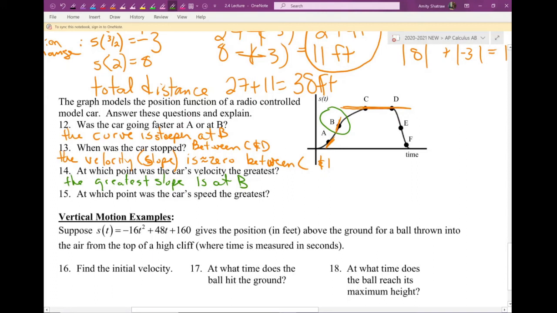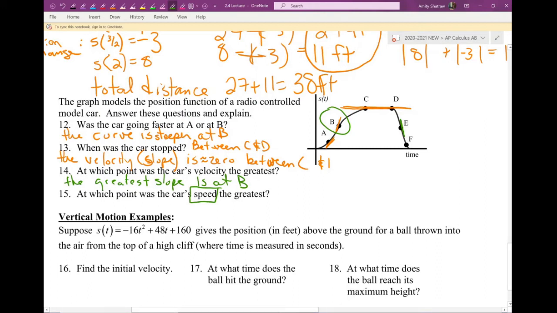What about E? Well, I see E, and it is definitely steeper than B, and so I would say that was the greatest velocity, but it's a negative number. So the beautiful thing about asking about actual speed is that I don't care if it was a negative number. If I'm doing speed, I'm always doing the absolute value. So the absolute value of E would give me the biggest number.